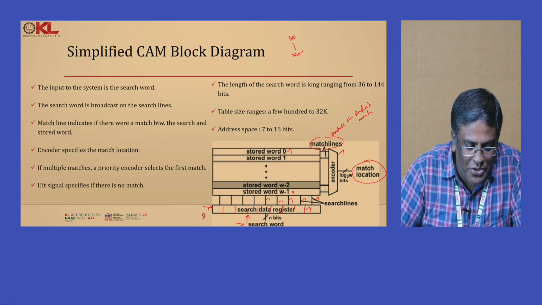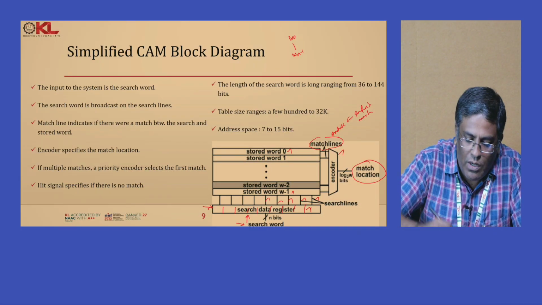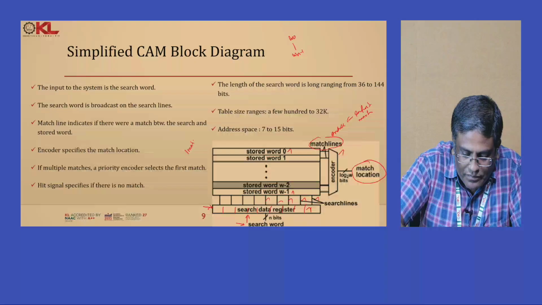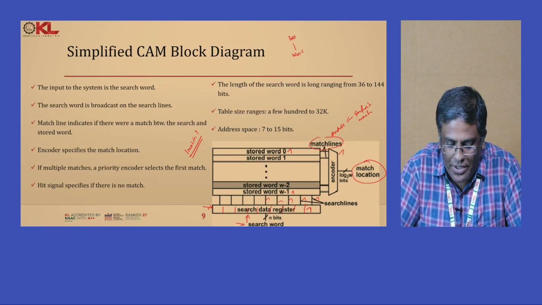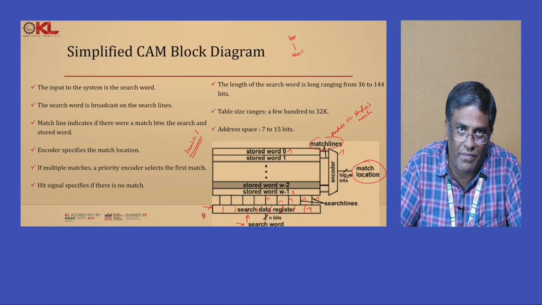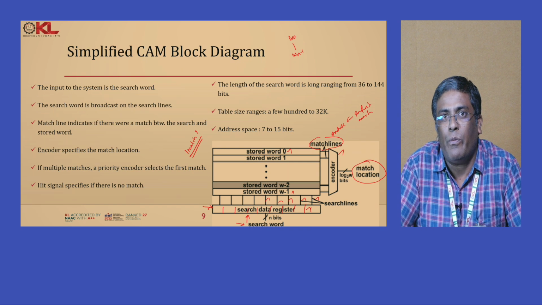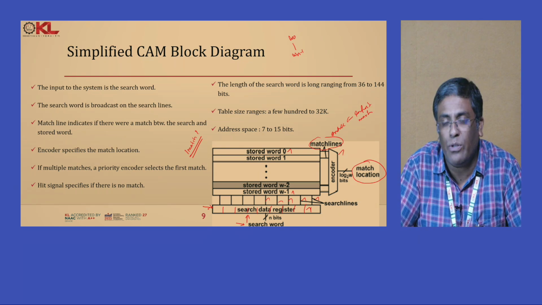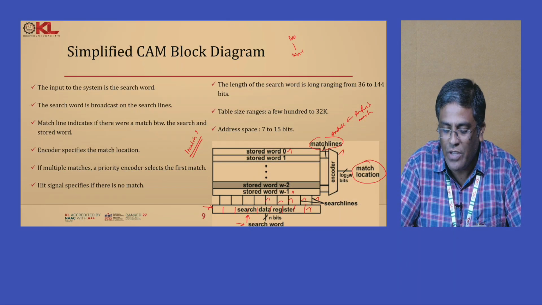So a question might arise: if I find more than one match, what can we do? In that case, once the first match is identified in your CAM according to the input, it is provided as output to your encoder, and the respective match location is taken out of the CAM.